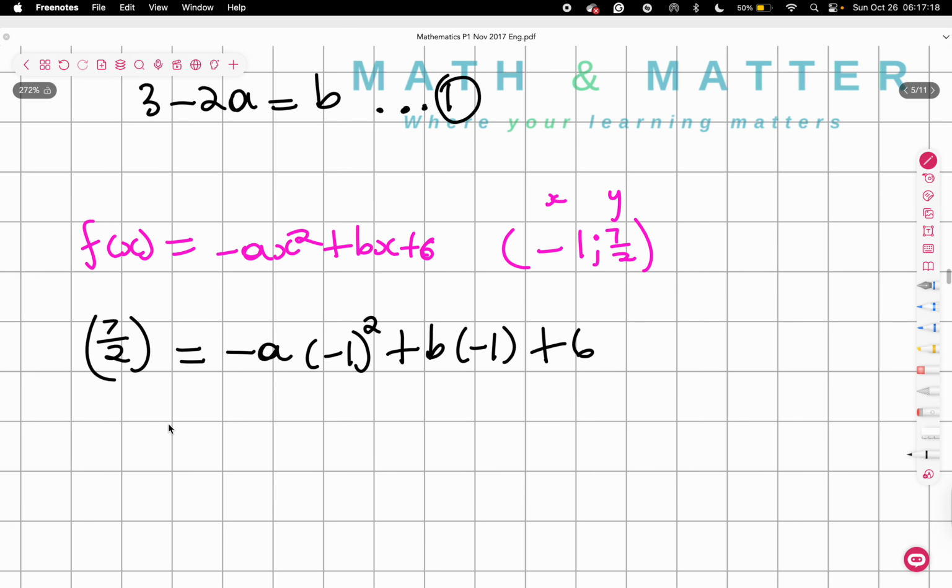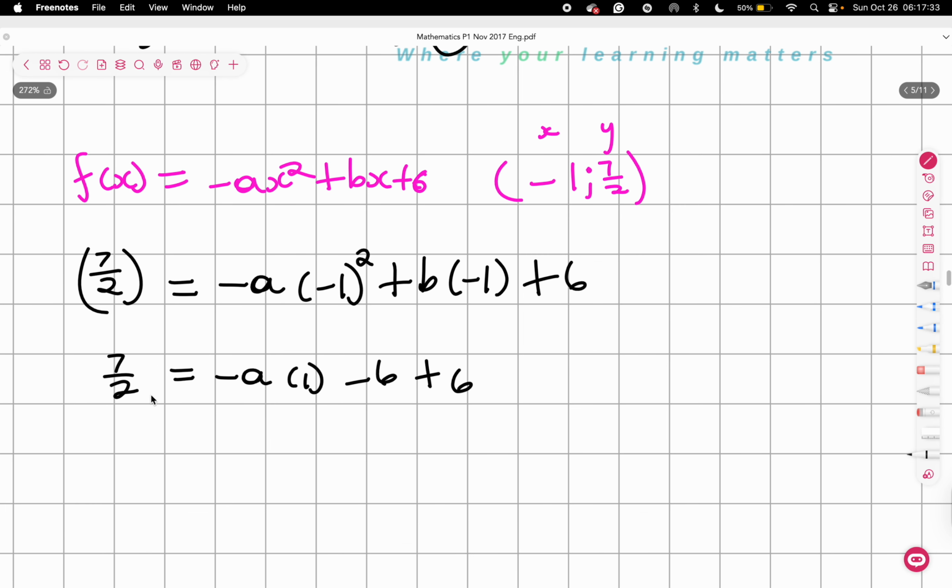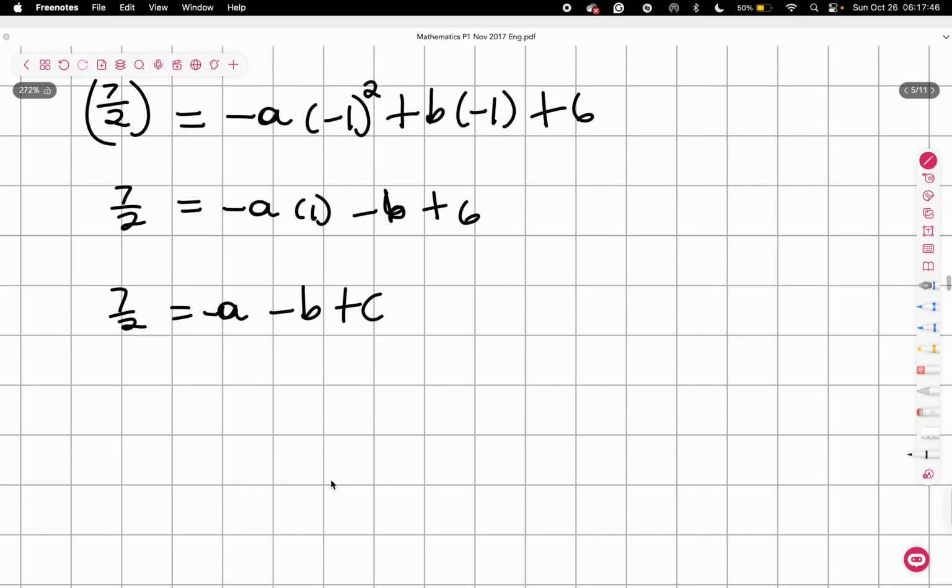Then you're going to have 7 over 2 is equal to negative a times 1 minus b plus 6. Which becomes 7 over 2 is negative a minus b plus 6.